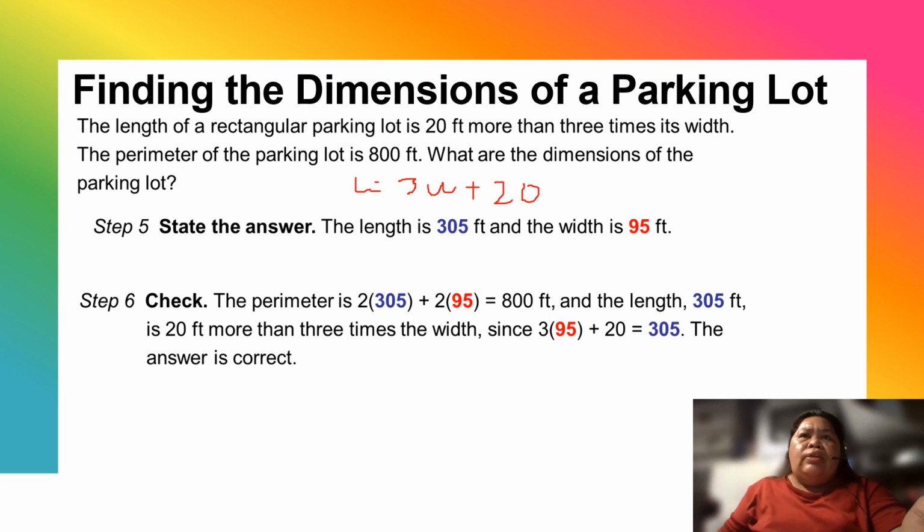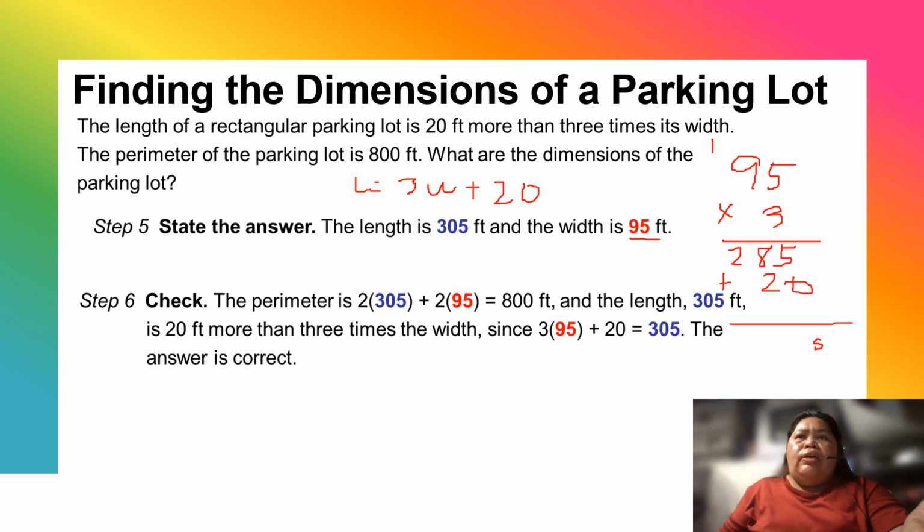So we have 95 times 3. Okay, so we got 285. Plus 20. So we got 305. So the length is 305.